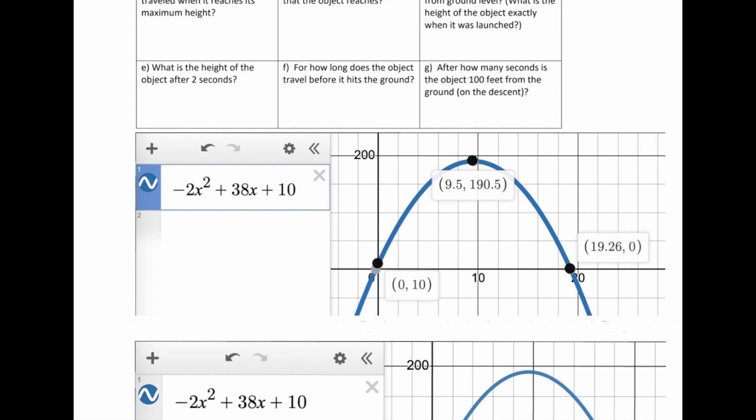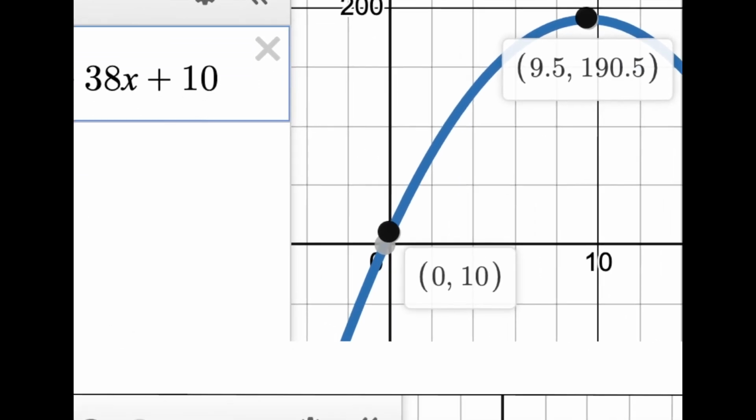And so in this case, you'll see that the y-intercept, this value right here, is 10. There's an x-intercept that you don't need to worry about.